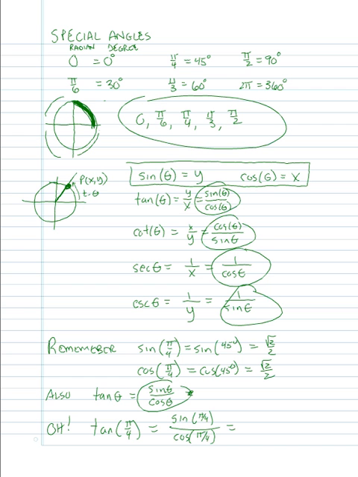And the sine of pi over 4 I've memorized, it's the square root of 2 over 2. And the cosine of pi over 4 I've memorized, it's the square root of 2 over 2. And so I get a value of 1. So that's the process that I need to go through.